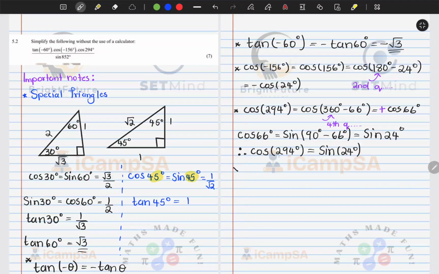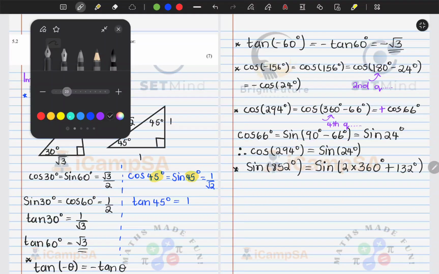Okay. Then let's go for the last part that is on the denominator there, which is sine of 852 degrees. So you'll see that this is way above 360. Okay. And what you need to remember is that once we have a multiple of 360, this here becomes a bit simple. So you should be able to see that what we have is sine of, you can do 2 times 360 and then plus, if you observe carefully, it's 132.